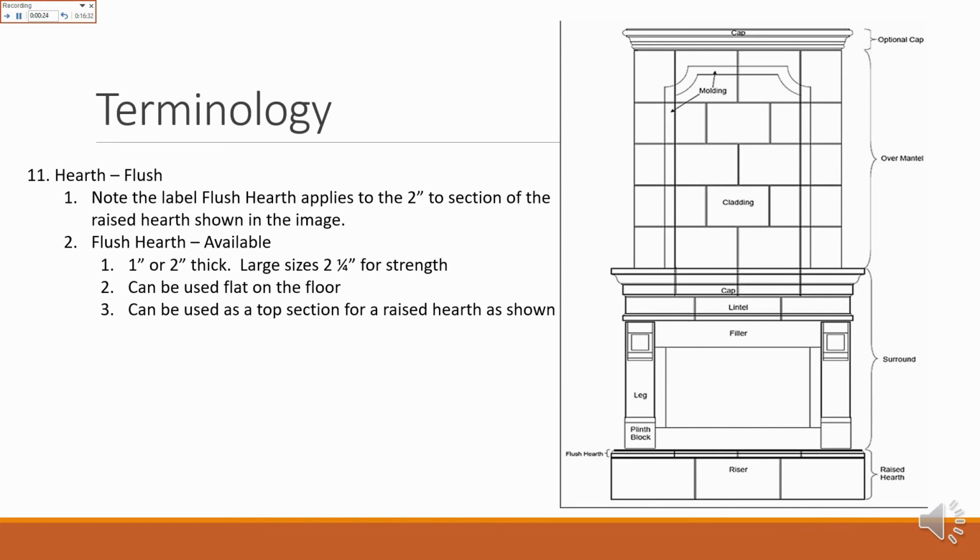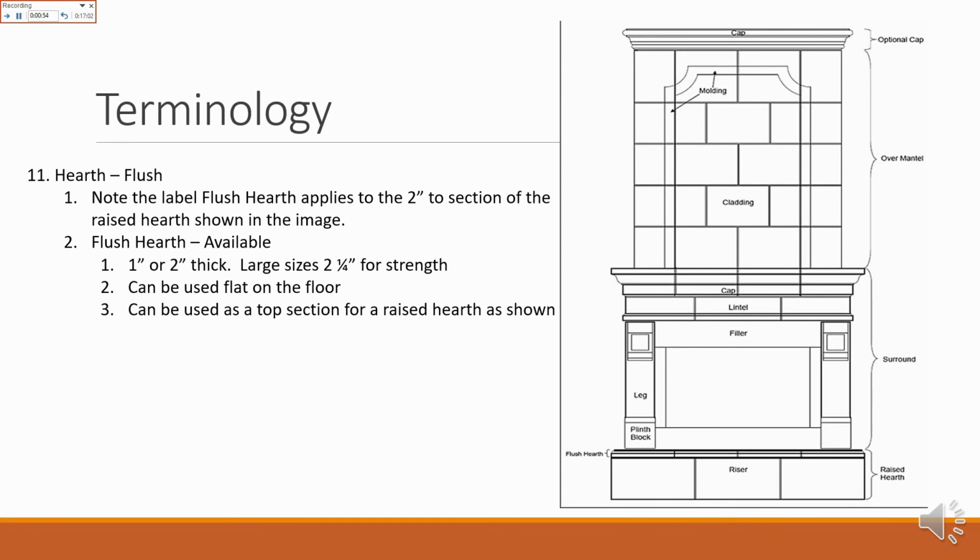The interesting thing is, whether it's a raised hearth or a flat hearth that sits on the floor, the 2-inch portion that makes up the top is called a flush hearth. So a flush hearth can be used flat on the floor instead of a raised hearth. They come in 1 and 2-inch thicknesses. For sizes above 71 inches, longer than 71 inches, they're 2 1/4 inches thick, and that's for strength.